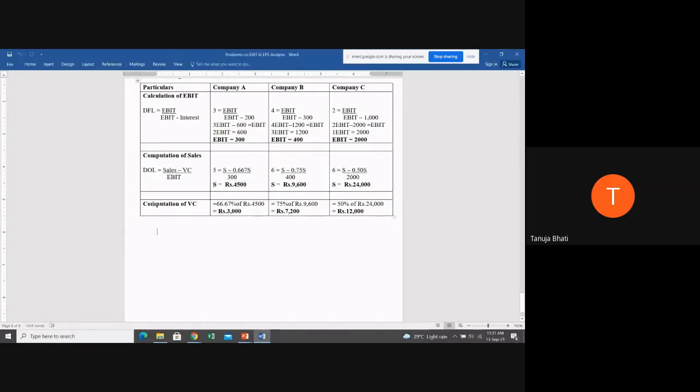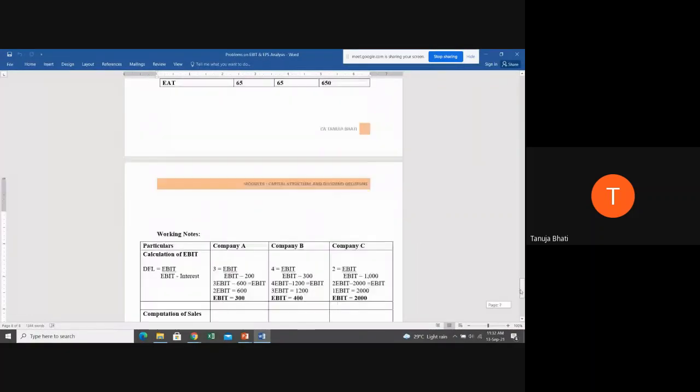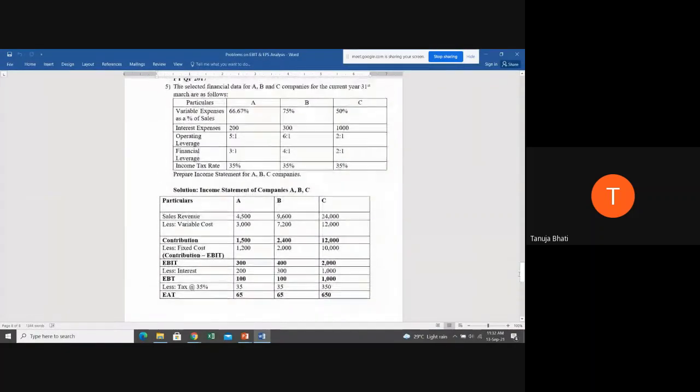Now what is variable cost? It is 66.67% of 4500, which is your sales. Therefore your variable cost is 3000 rupees. So you have got your sales, you have got your variable cost, and then you can easily get the answer.